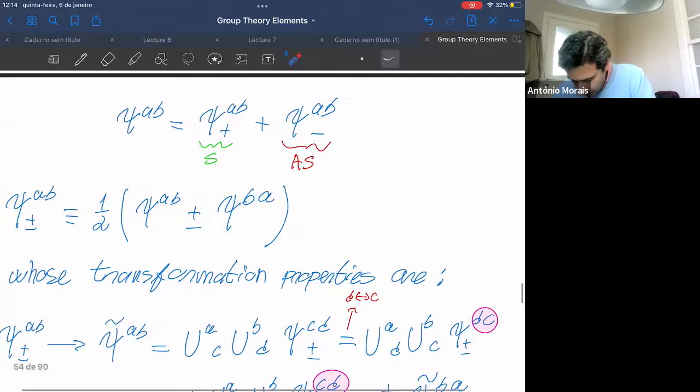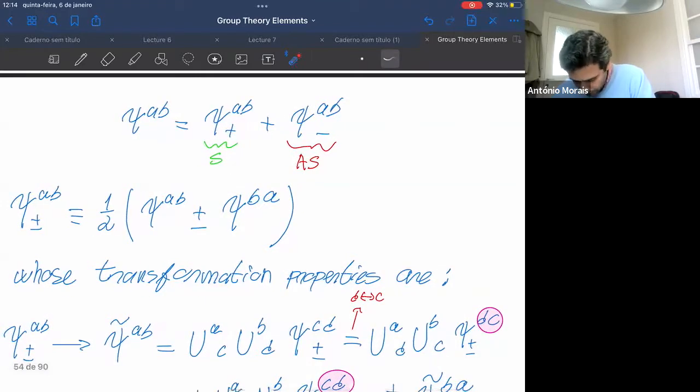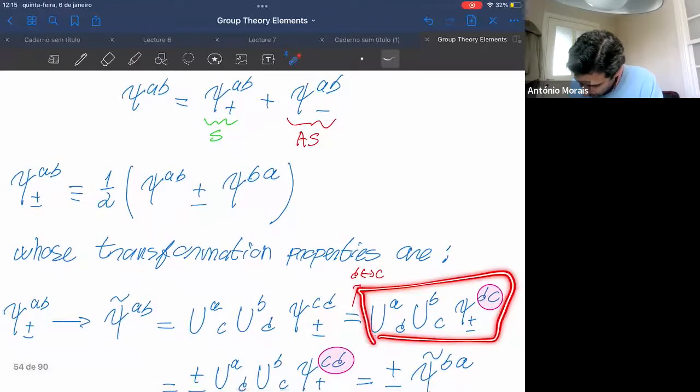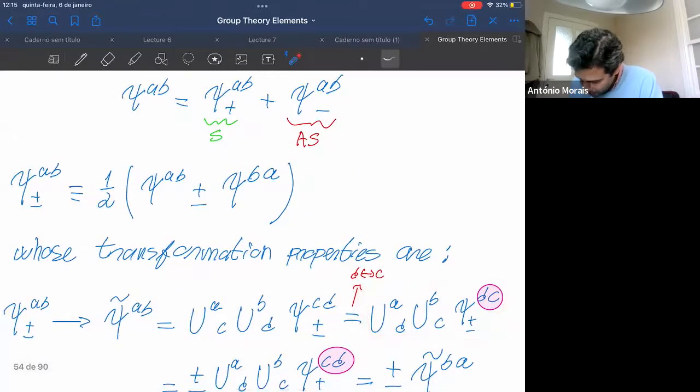Now, if you flip the D and C indices here, the indices are dummy, so you get exactly the same thing, but with renamed indices.